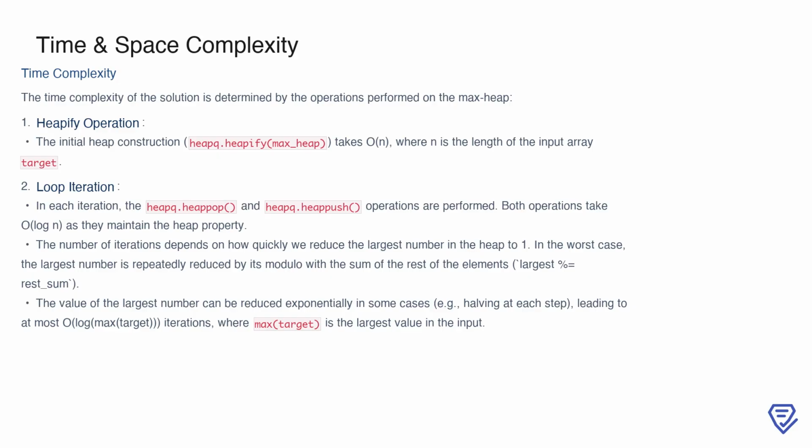The loop itself continues until the largest number in the heap is reduced to 1. In the worst-case scenario, the largest number decreases exponentially during each iteration, such as halving at each step. This results in at most log(max_target) iterations, where max_target is the largest value in the array. Together, these factors contribute to the overall time complexity of the solution.